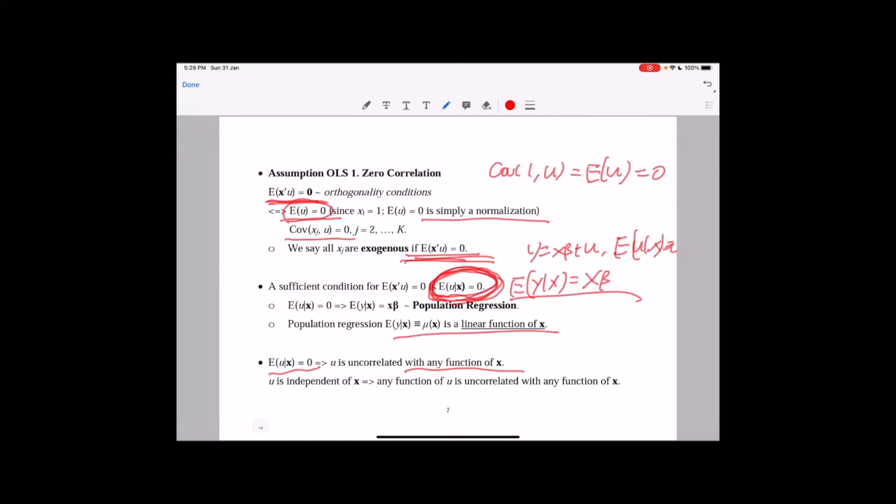Therefore, this is stronger than the orthogonality condition, which only assumes x and u are uncorrelated. An even stronger condition is that u is independent of x. That implies any function of the error term is uncorrelated with any function of x, so that's even stronger.